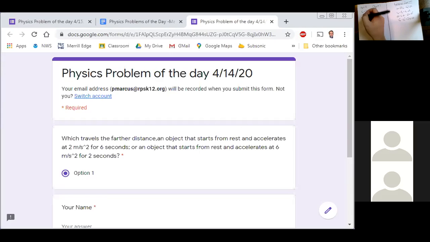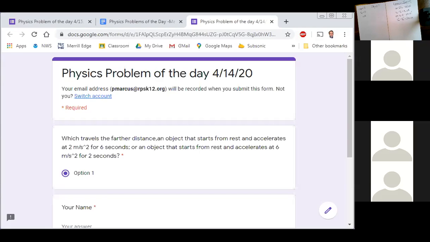Which quantity is that? How should I label that one? Acceleration, right. So we've got an acceleration that's 2 meters per second squared. And then the 6 seconds, what quantity is that? Time. Yeah, time. Good.